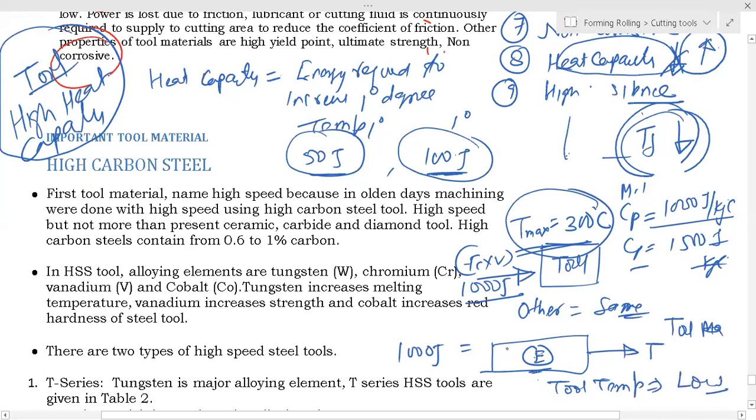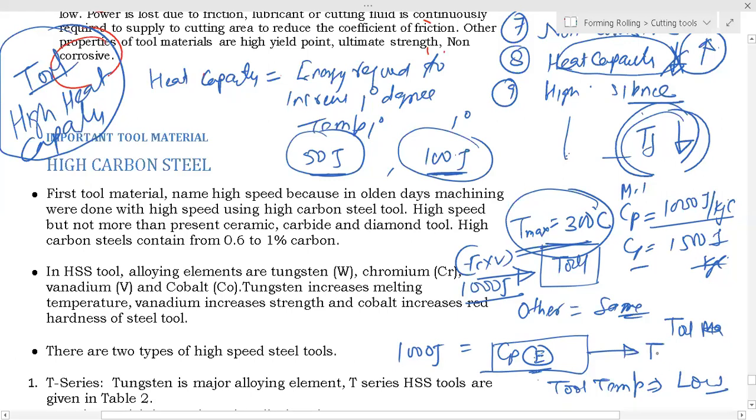Of course, higher the CP value means it can take higher energy before raising the temperature. I am again repeating. Higher value of C means it can store more energy without changing its temperature. So higher the heat capacity means it will keep more heat, but temperature will not increase.